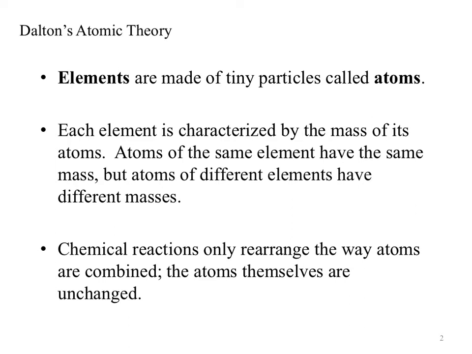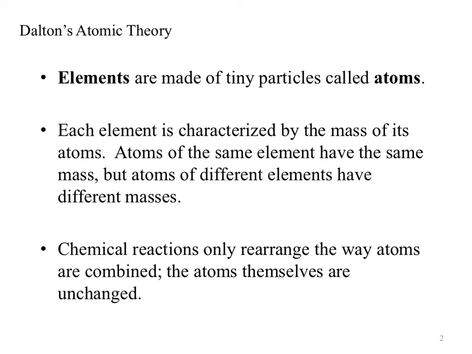So the first thing that he said was that elements are made up of tiny particles, and these are called atoms. And he called these atoms indivisible units. That means the most basic unit of any material object is an atom, and atoms cannot be divided into anything else.